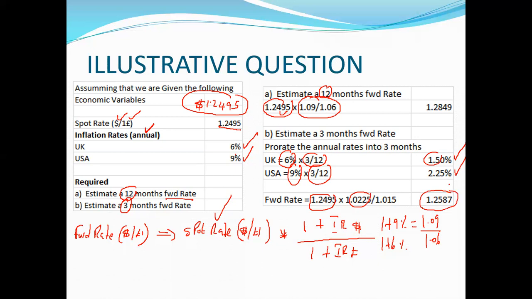This is what we get as the forward rate for 3 months. The only difference is that we had to prorate the rates first, because these are annual rates.